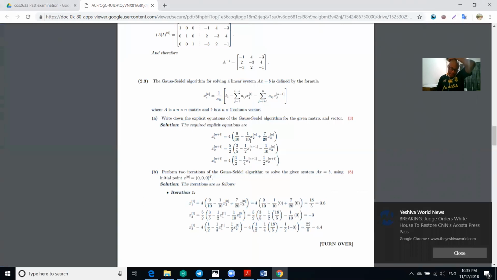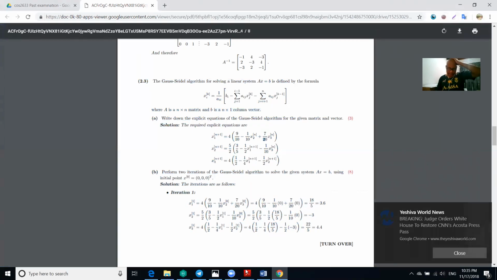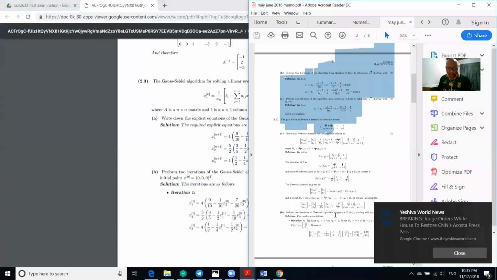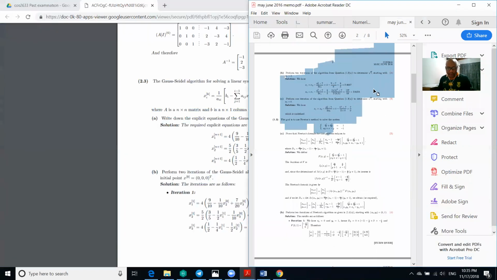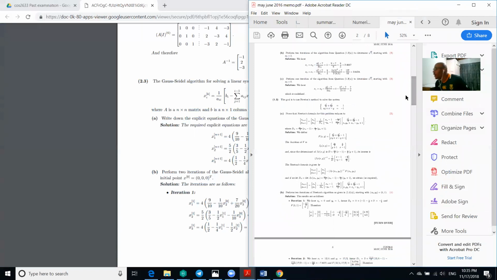Thing is, okay, let's just try it. The thing is, I didn't understand whether he had the different iterations, the first, second, and third. Yes. What do you mean?